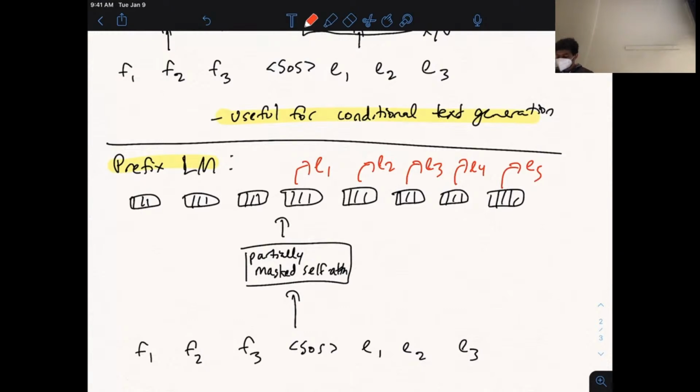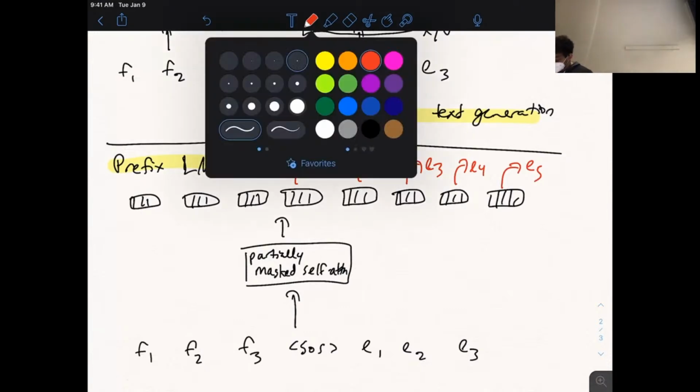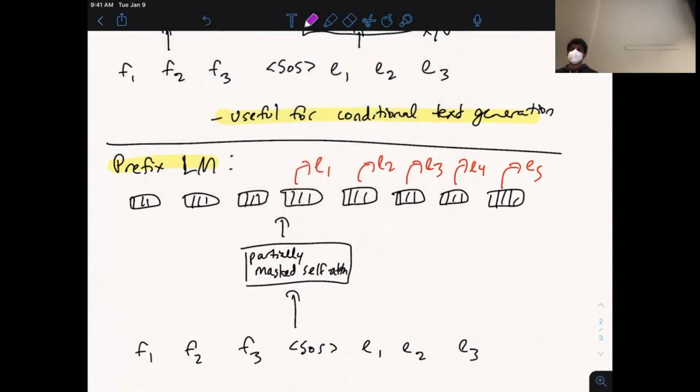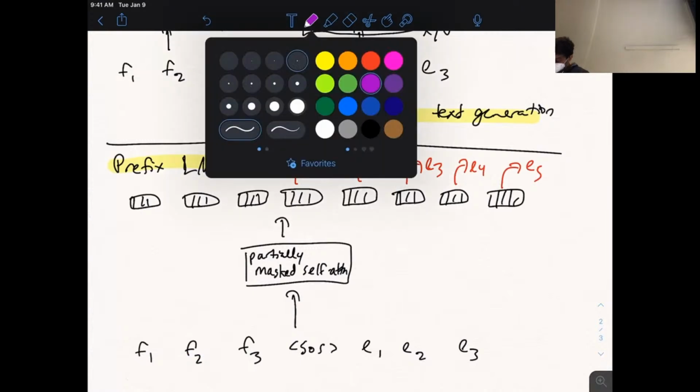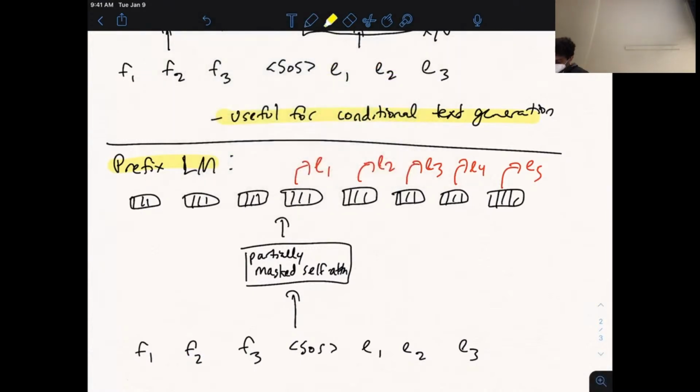So what does partially masked mean in this context? It means that regardless of where I am in the English sequence, I'm always going to be looking at, whoops. So like these three French tokens here are always going to be unmasked in the attention, regardless of what token I'm at.